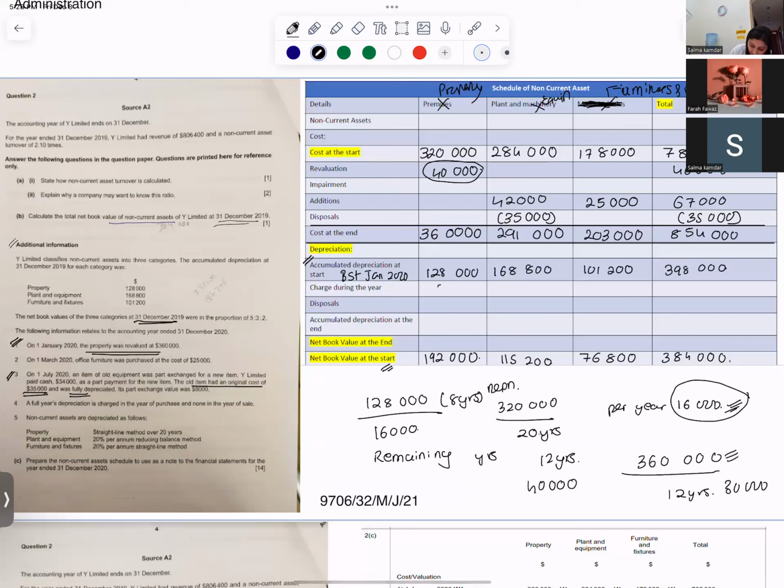The charge during the year is 30,000. There is no disposal. So what is the accumulated depreciation at the end, that is 31st of December 2020 for property? It would be 30,000 because you have to cancel the 128,000 that you already.